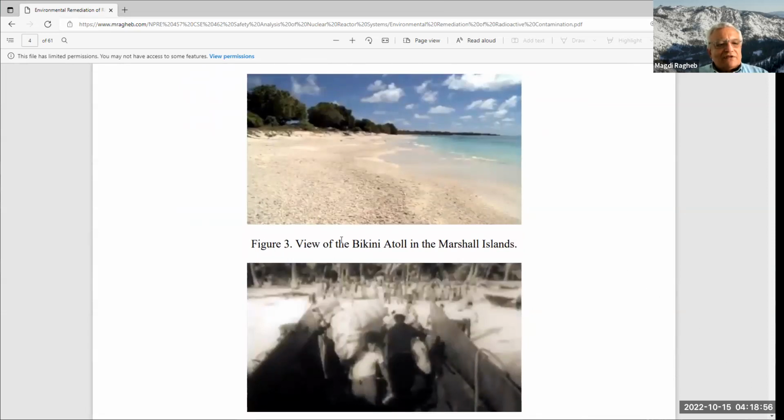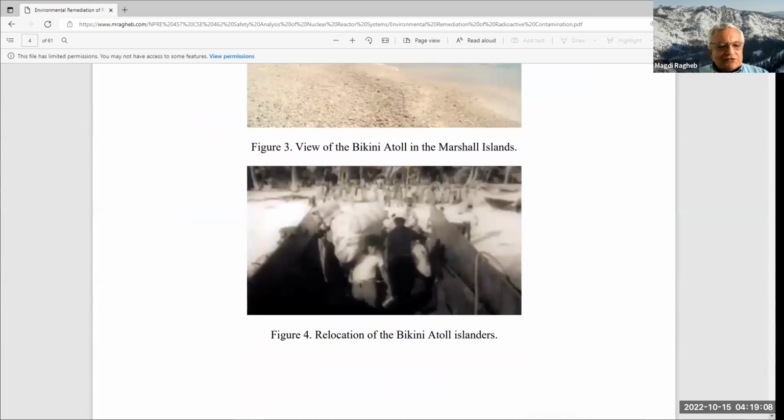This is a view of the Bikini Atoll in the Marshall Islands. Obviously, you could see the waves here coming to the beach. Right now, it's some kind of a tourist place. People go there as a tourist attraction. But as I suggested, when the weather forecasters made a mistake, the wind, instead of blowing to the vast open ocean to the west, it blew to the inhabited islands to the east.